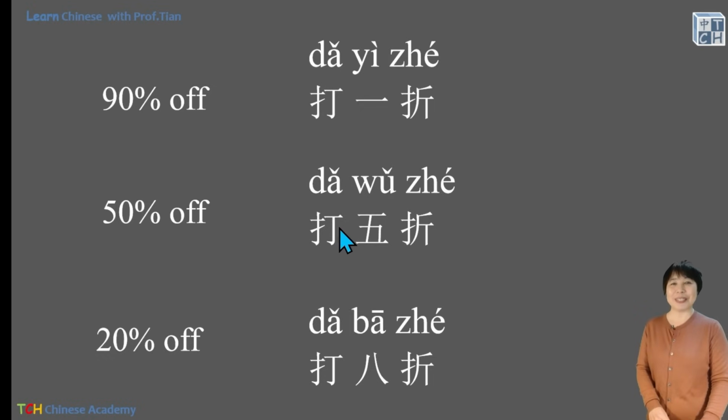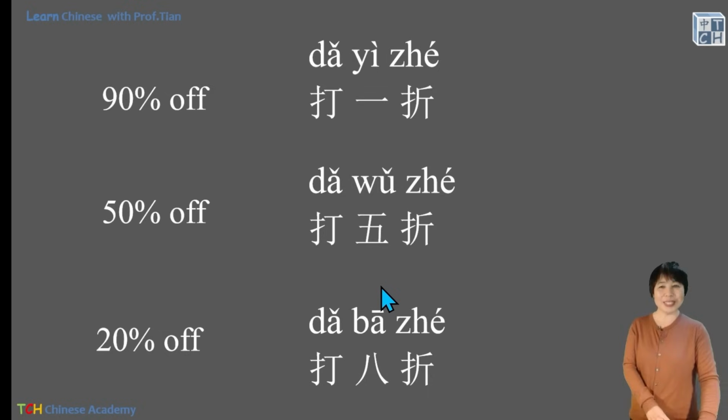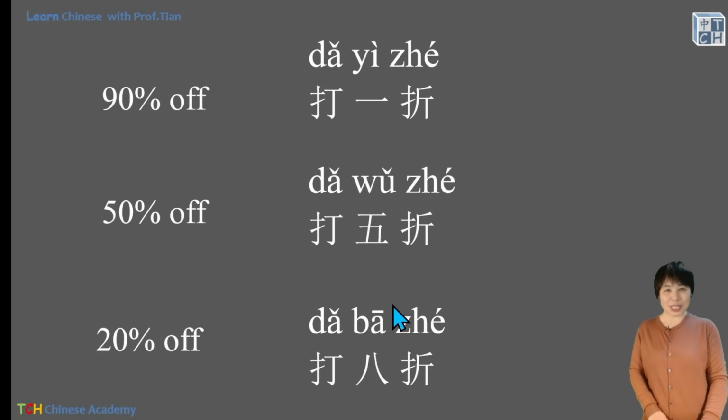So 打五折 is easier, and 打一折, remember, we are focusing on how much we pay, whereas in English you say how much you do not pay. So 打一折 is 90% off, 打八折 is 20% off. That is how we express it in Chinese.